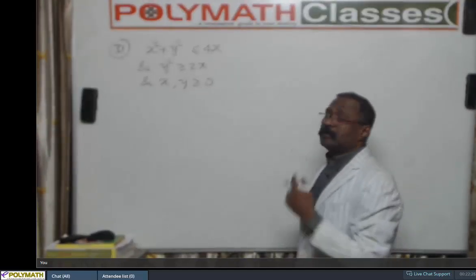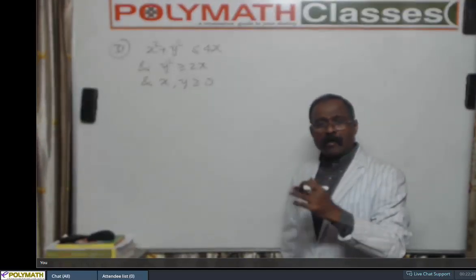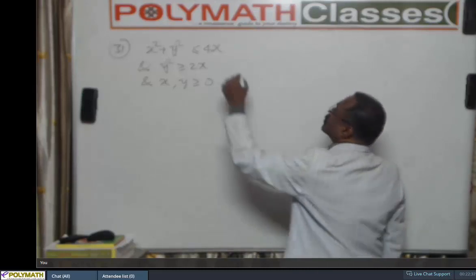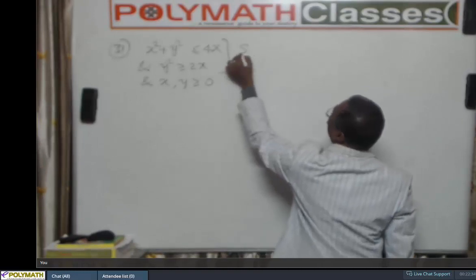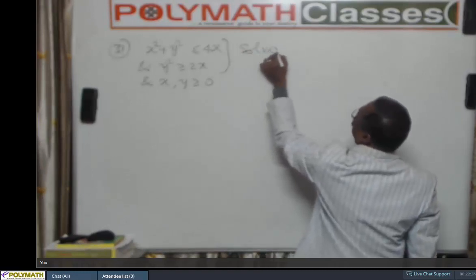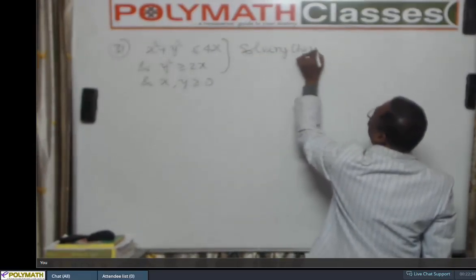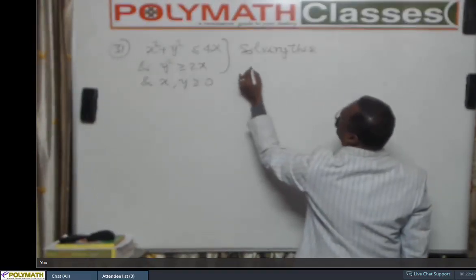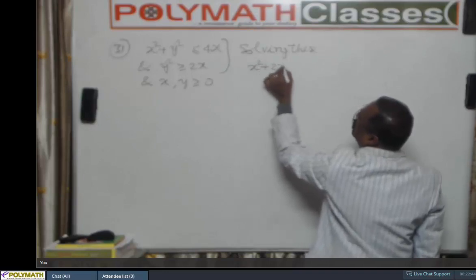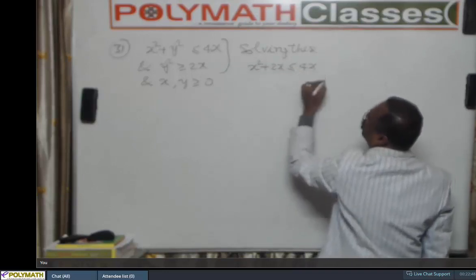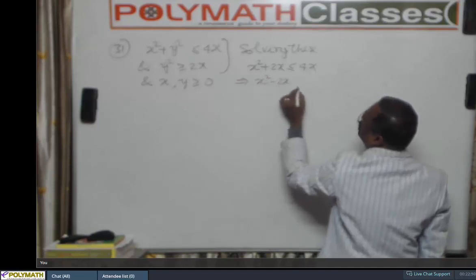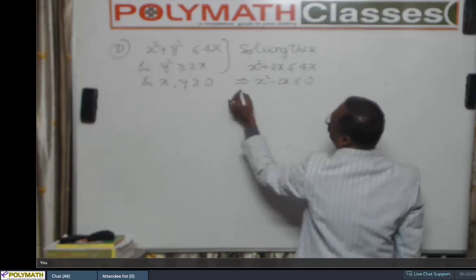Now, whenever you are given any inequations, also take the equals sign and solve the equations. So solving this, put this y² here: x² + 2x ≤ 4x, which implies x² − 2x ≤ 0.